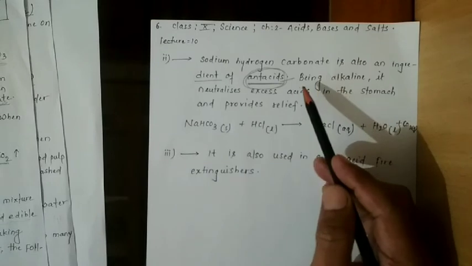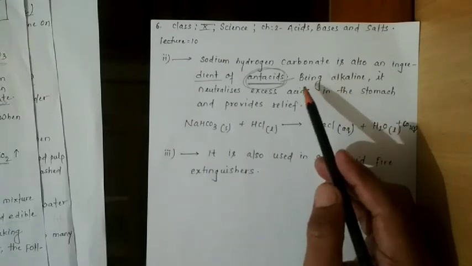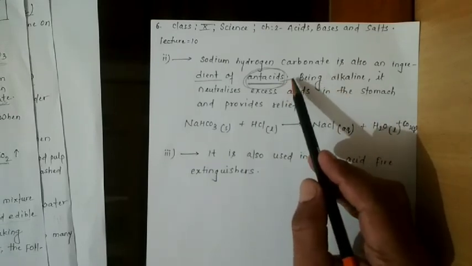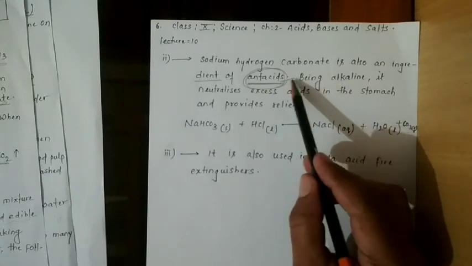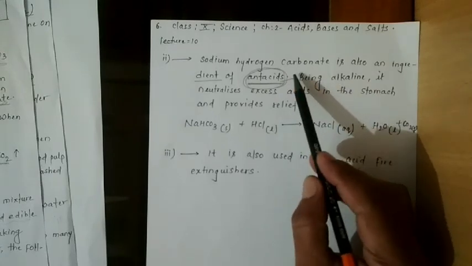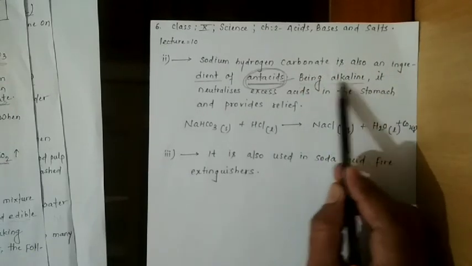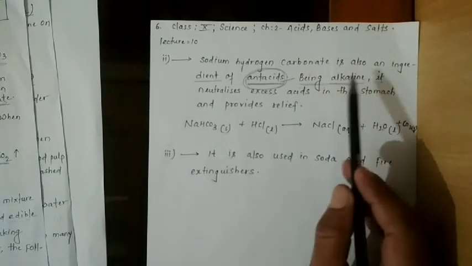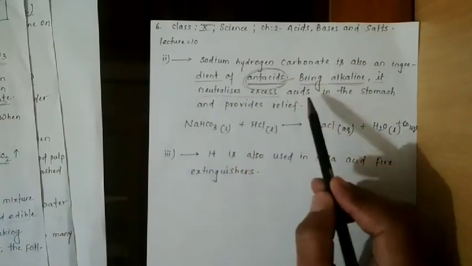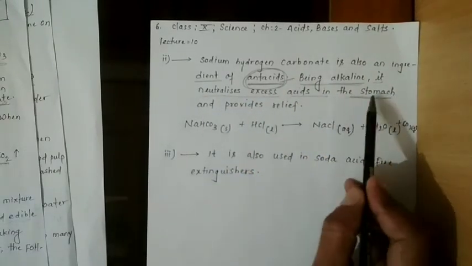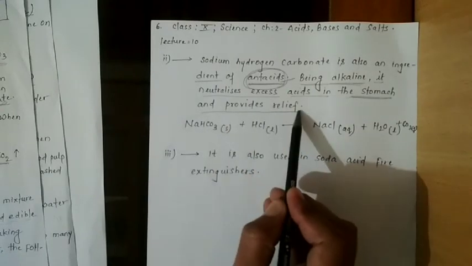When we suffer from any kind of acidity, it is recommended to take antacids as medicine. Antacids neutralize the acidic effect inside our stomach. Being alkaline, it neutralizes the excess acid in the stomach and provides relief.